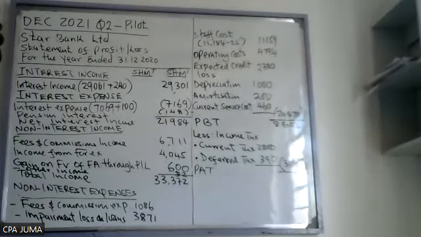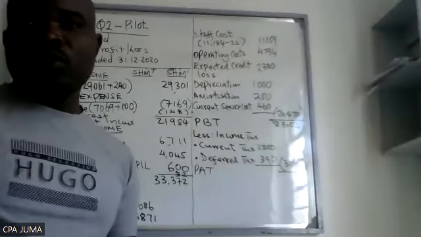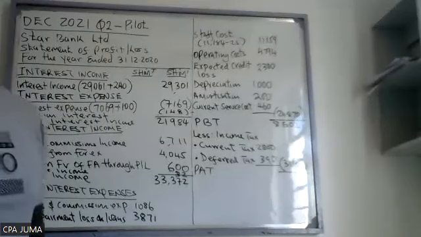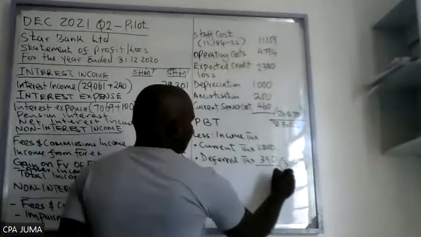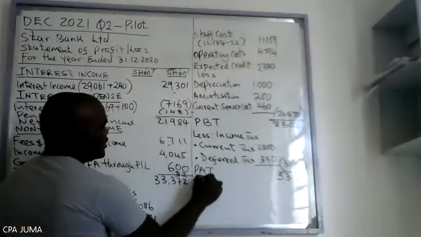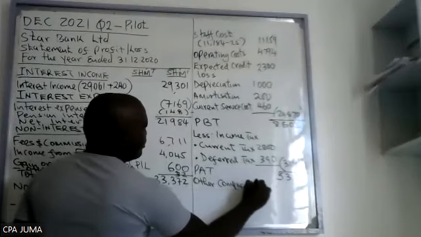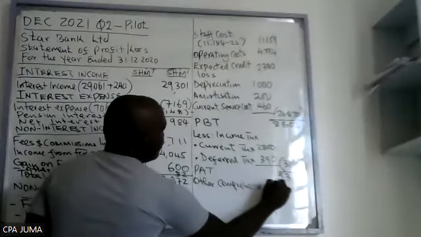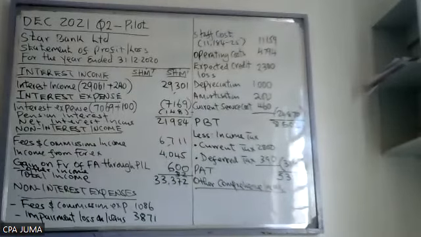How much do you report? You are reporting 5,312. Then you bring other comprehensive income.